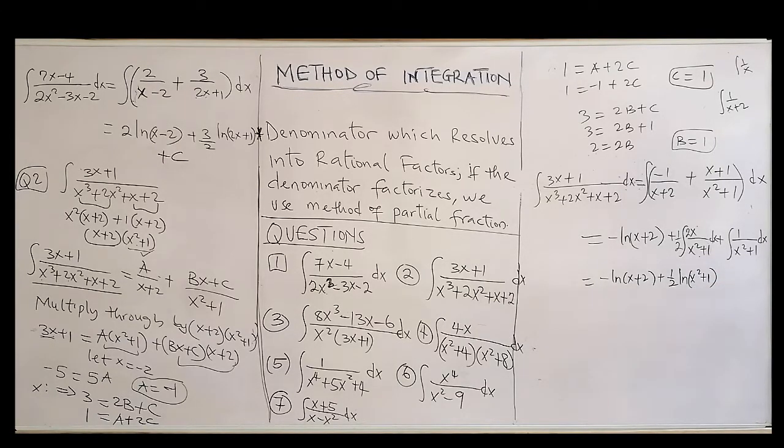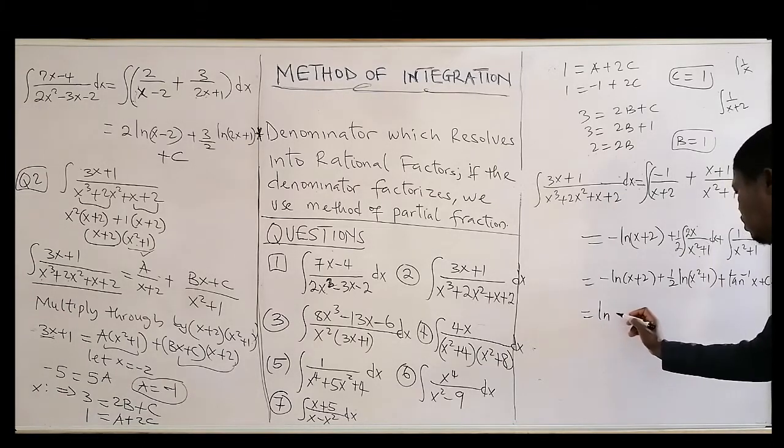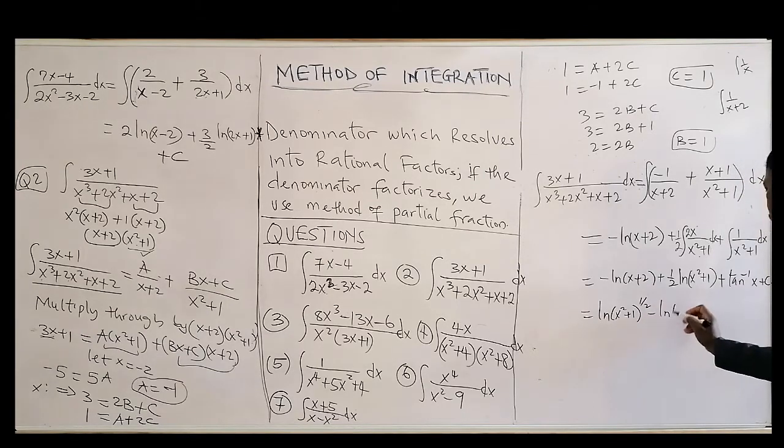And then plus arctan x plus c. So that's our answer, except we want to do some little adjustment here and there. The adjustment could be to write the plus before, and that will be ln of (x squared plus 1) power half, minus ln of x plus 2, and then plus arctan x plus c.